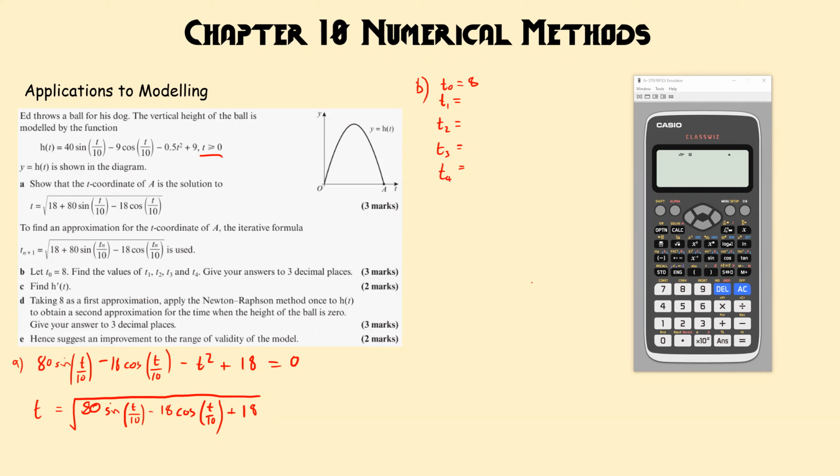Remember, all you're going to do on your calculator is just press equals eventually. So we're starting with 8. And then I'm just going to code my calculator for this. So the square root of 18 plus 80 sine. And then here is where it comes in. So we've got ans over 10. And then minus 18 cos, and then ans over 10.